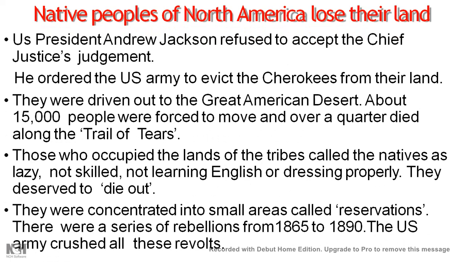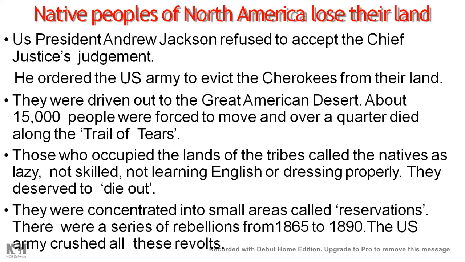But the US President Andrew Jackson refused to accept the Chief Justice's judgment. He ordered the US Army to evict the Cherokees from their land. They were driven out to the great American desert area. So these Cherokees were driven out to the desert land at that time.